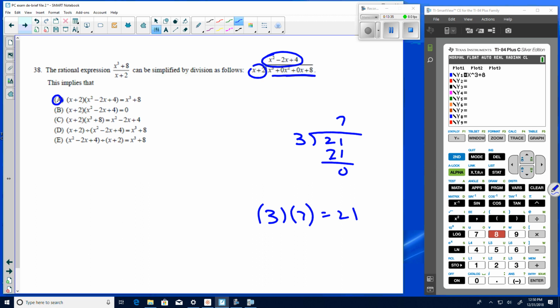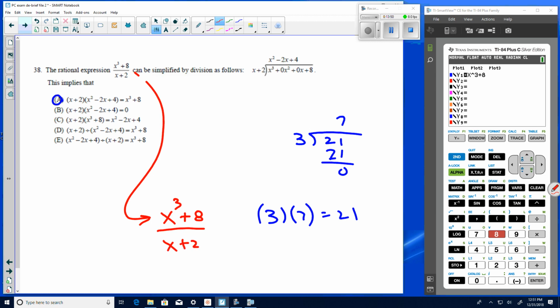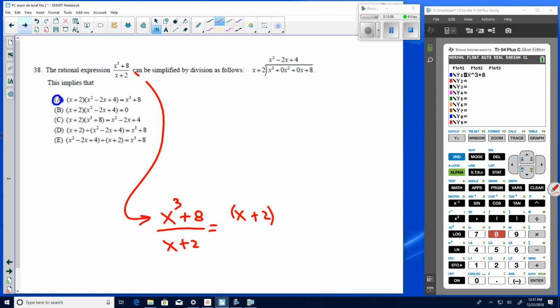The fact that we have a 0 remainder also says that we can clean this function up if we wanted to. You might want to think about this x cubed plus 8 over x plus 2 could be thought of as x plus 2 times x squared minus 2x plus 4 over x plus 2.